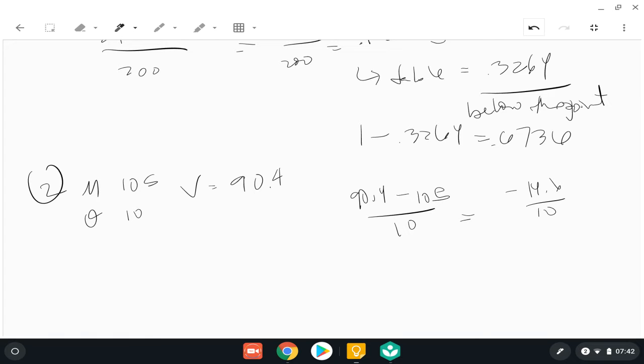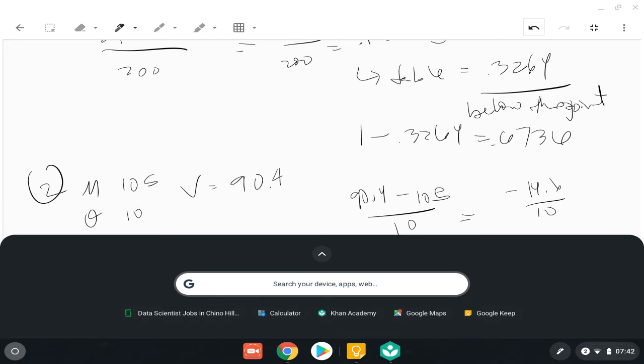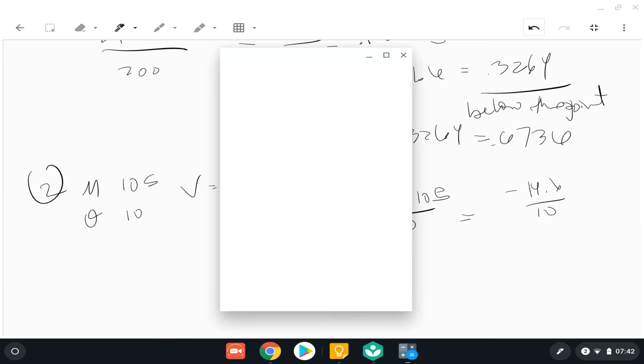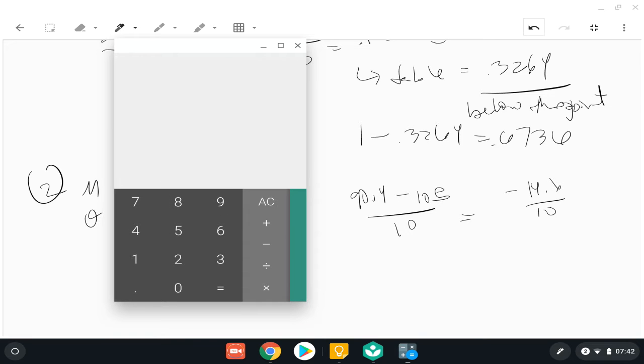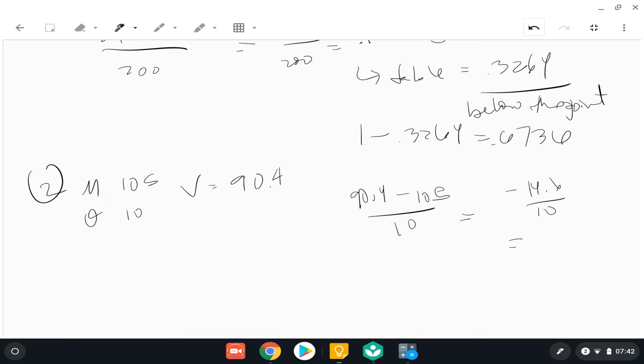Let me double check that because I don't like to leave things to chance. 90.4 minus 105, yep. And then dividing by 10, we get negative 1.46.